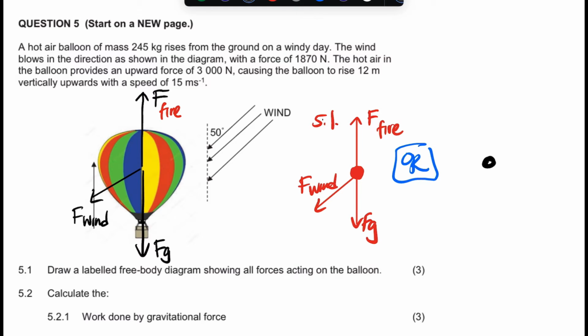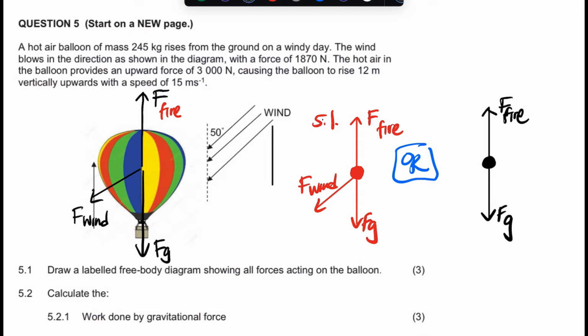So don't draw it, but I'll draw it just to show you because it helps you when it comes to calculations. So it's a force of fire there, and then we have the gravitational force. Guys, if the force is at an angle like this force, it has components.